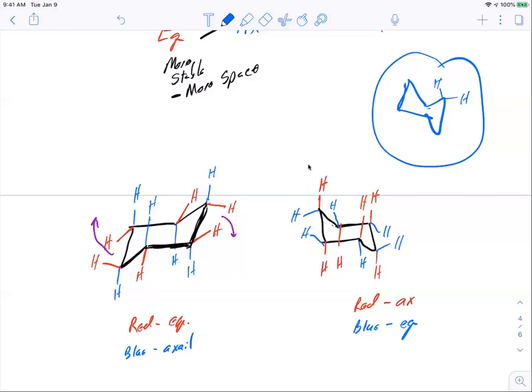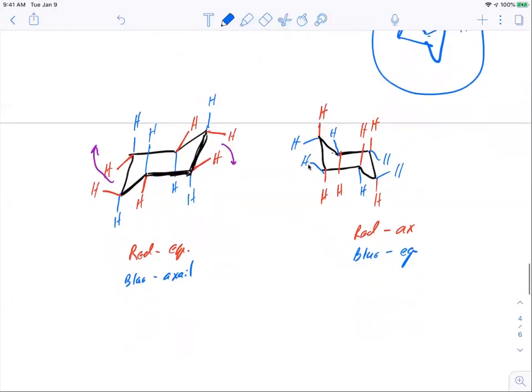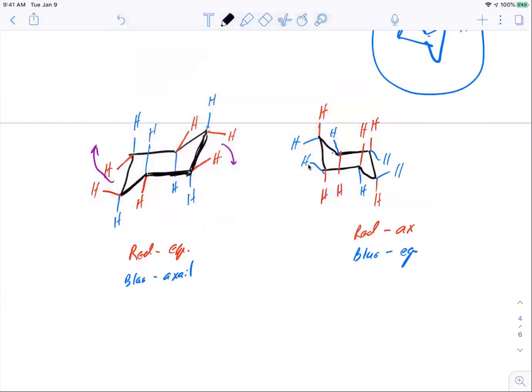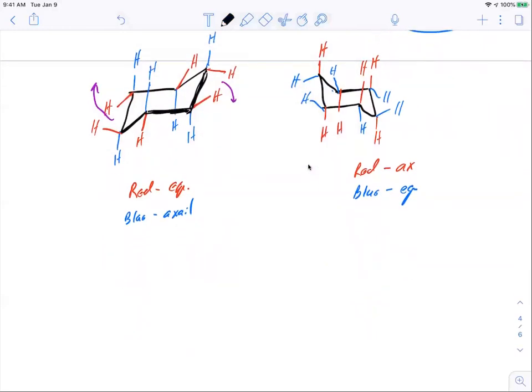But these are always going to be going back and forth, back and forth, back and forth. So your equatorials are going to be flipping to your axials, and your axials are going to be flipping to your equatorials. And so the energy around your hydrogens is stabilized. They're all going to be equivalent, okay? And there's some good videos online if you want to see the twist boat and the kind of rotation.